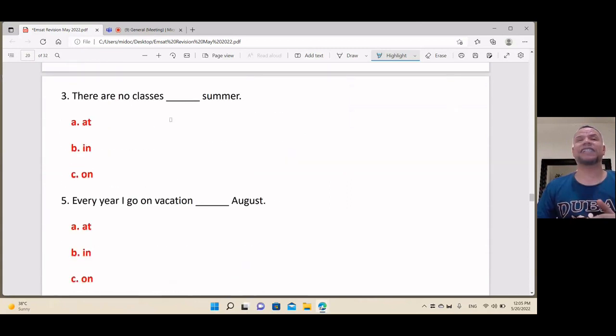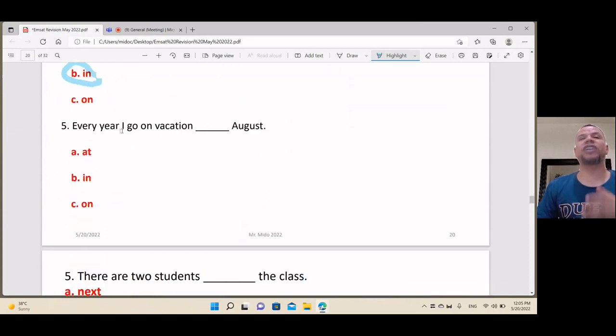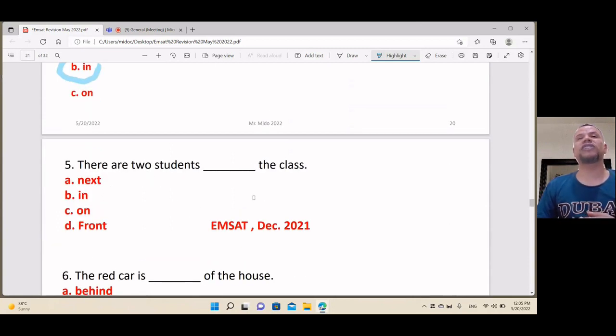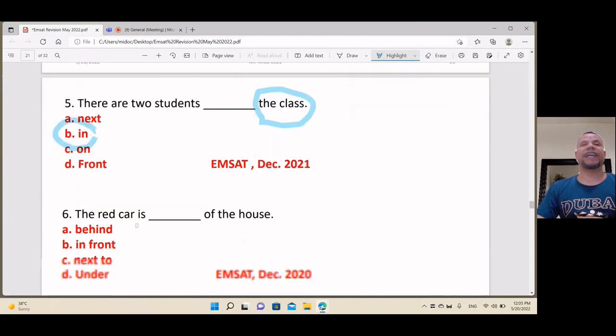There are no classes in summer: summer is a long time, a bigger time, so it's in summer, perfect. Every year I go on vacation in August. August is a bigger time, so it's in August, perfect. There are two students in the class. The class is a small place, a specific place, so the answer is in the class.